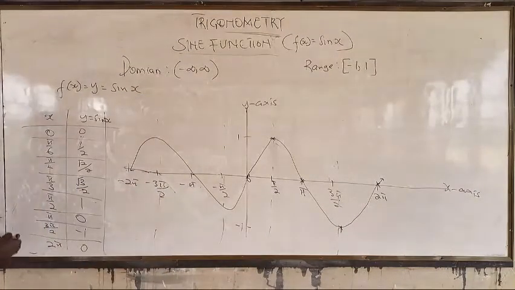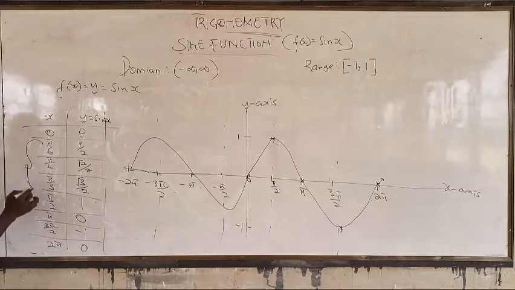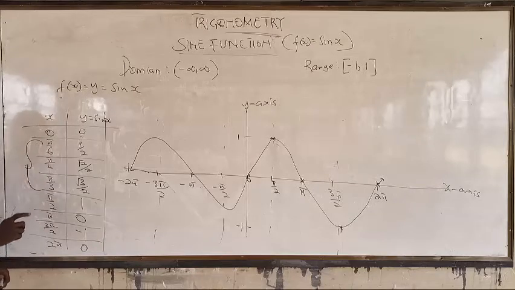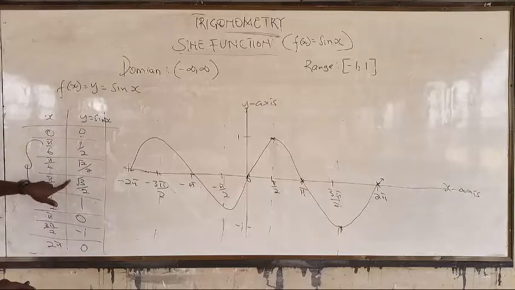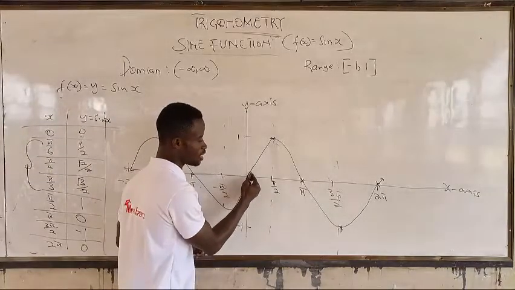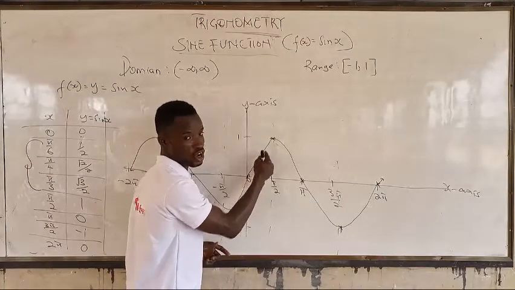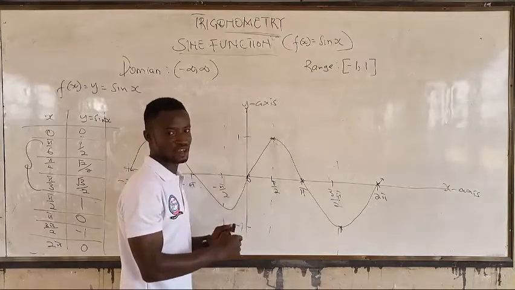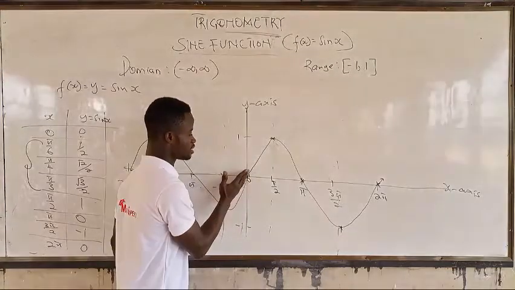Alright, so for the values between 0 and pi on 2, we can get pi on 6, we can get pi on 4, we can get pi on 3. Those results are found within this and this side. Alright, so we say increasing.